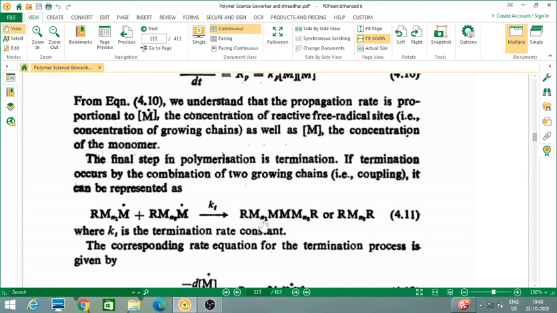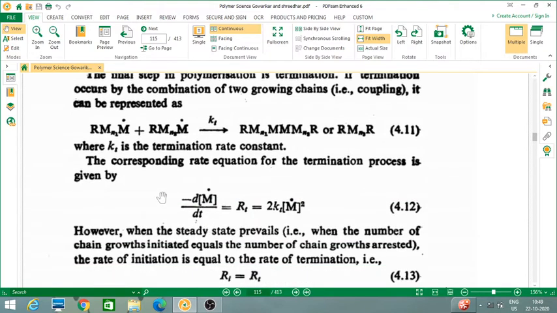So this is termination by coupling. Both of these free radical sites have formed a sigma bond. The corresponding rate equation for the termination process is given by, since M star is being consumed, minus d/dt of M star, and Rt, the rate of termination, equals 2 times Kt M star squared.